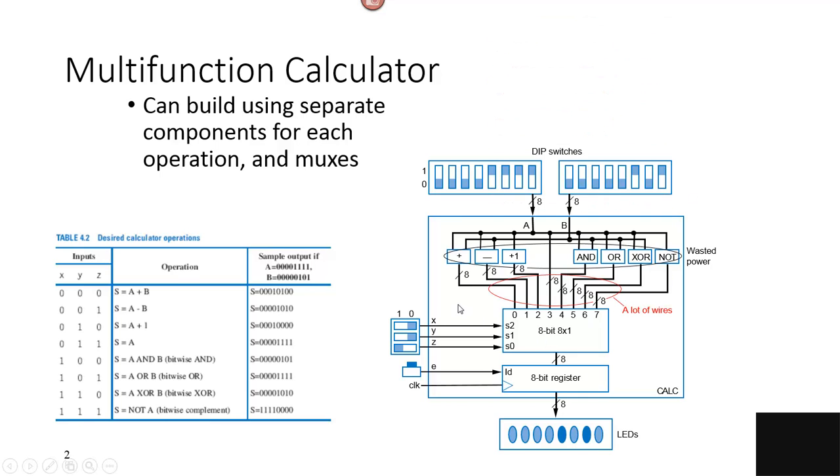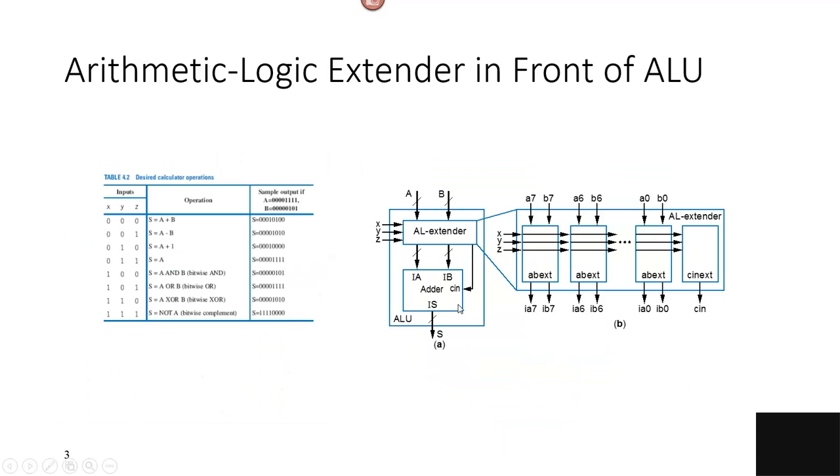Rather than designing each individual component, what we're going to do is we're going to have an extender. The extender handles the function for each of the bits. So notice here that because A and B are both 8 bits wide, we have 8 extenders.